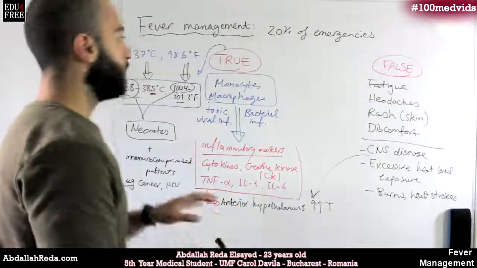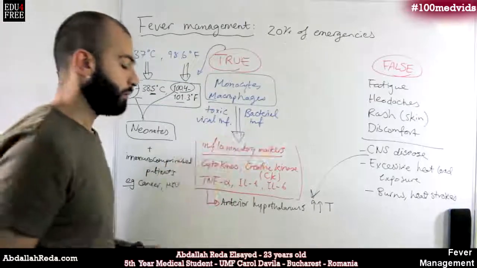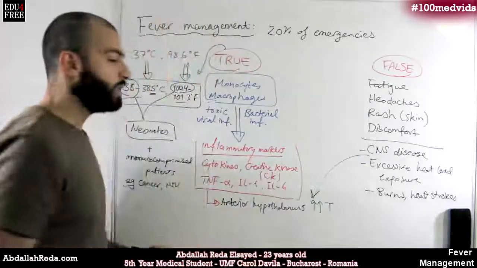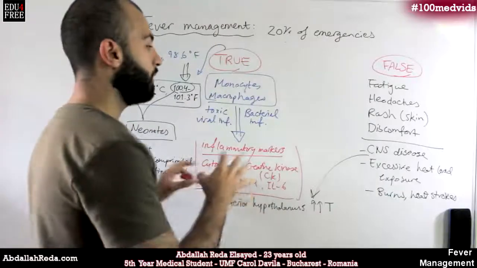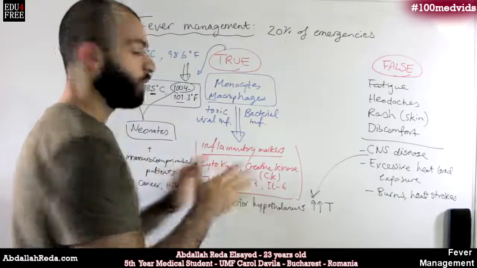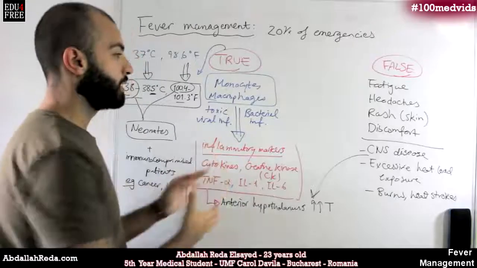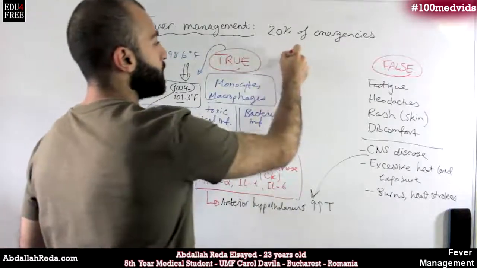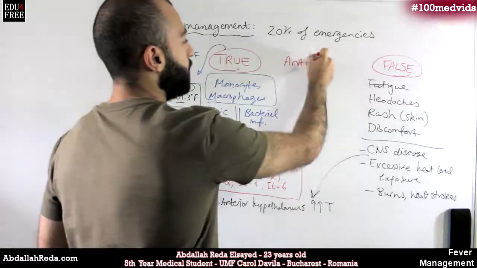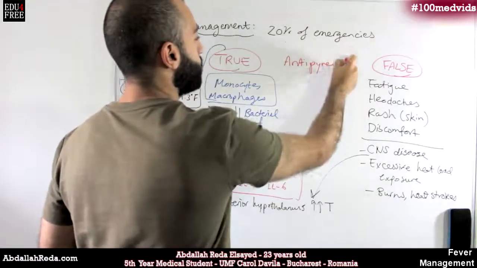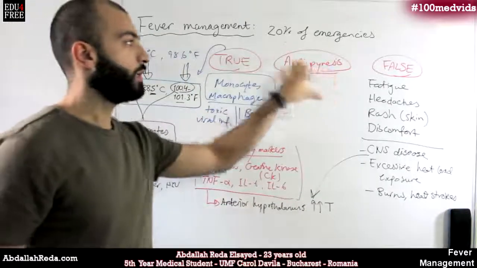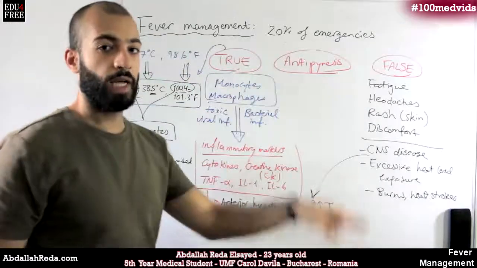Okay, so now we know the difference between true and false fever. What is the purpose or the orientation of controlling this kind of fever? Antipyresis. So, pyresis is heat, antipyresis is combating that heat.